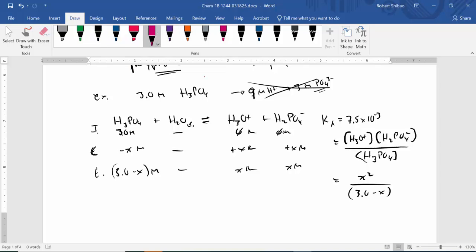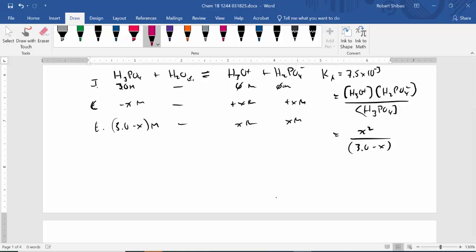All right, what I'm going to do is, the K is 10 to the minus 3, so it's kind of small. I'm going to assume that the change is small and use the simplifying assumption. So we're going to use SA here. If we use that, we're going to just say x is much smaller than 3, so that 3 minus x is just 3. And so I'll just put 3.0 here. So that means x is equal to 3 times 7.5 times 10 to the minus 3, which is what, 0.0025 or something?